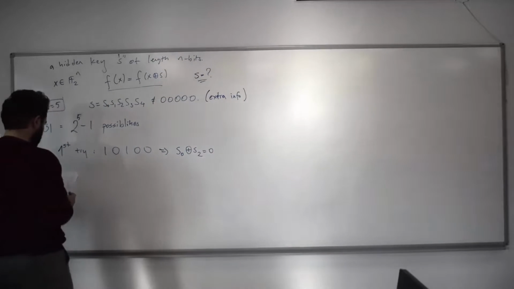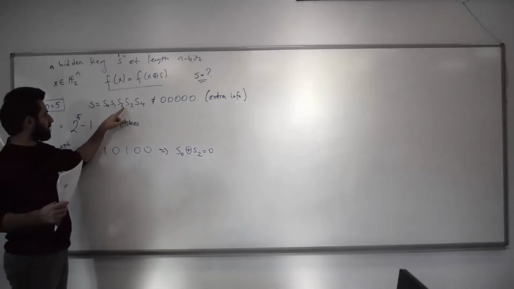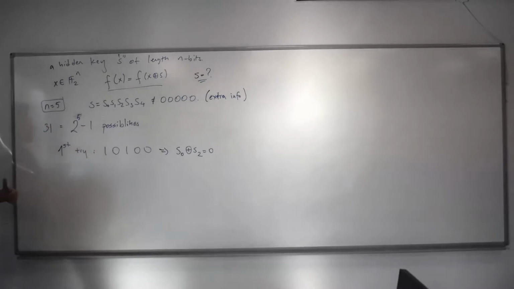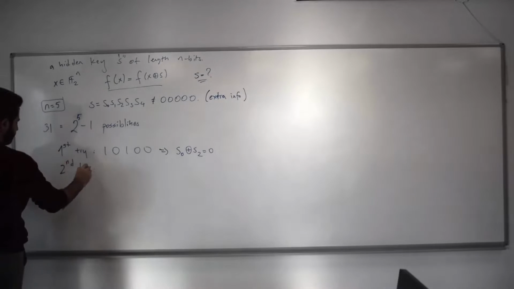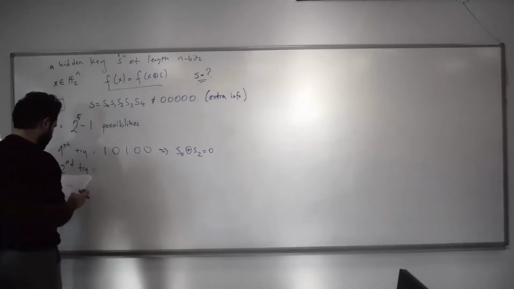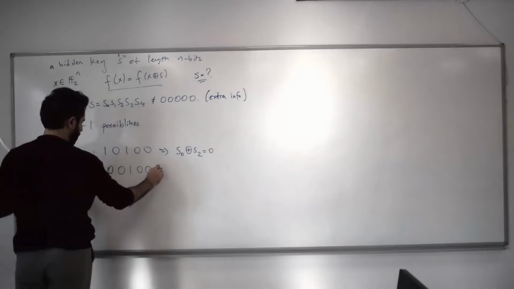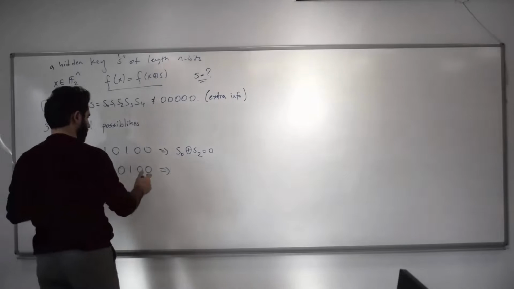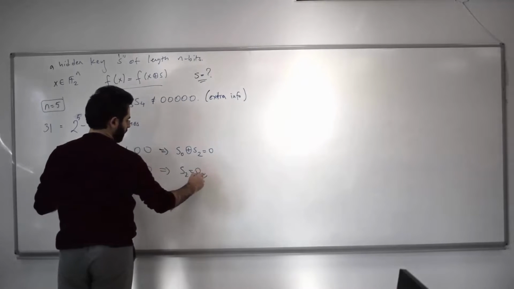From that, you have no idea about S1, S3, and S4. So you have to run the circuit one more time, which gives you the second try. In the second try, let us suppose that we have 0, 0, 1, 0, 0. That gives us that S2 is 0.